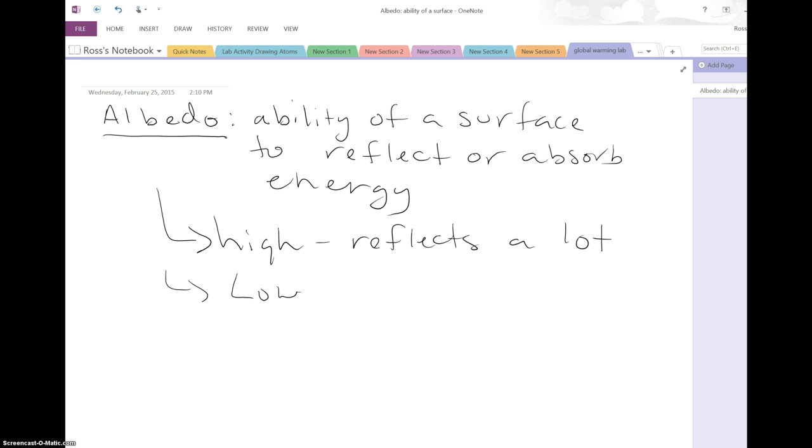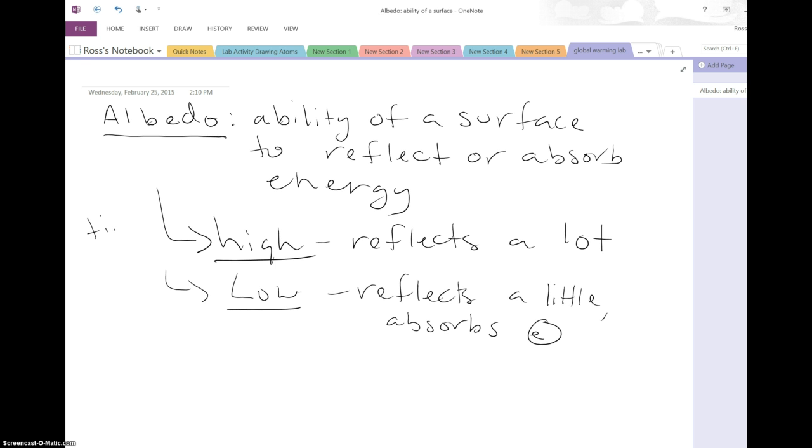Something with low albedo reflects a little, which means that it absorbs most of that energy. Okay? So when we're looking at something like tinfoil, is tinfoil going to reflect light and energy or absorb it? Well, we know that light bounces off of tinfoil. So tinfoil will have high albedo.